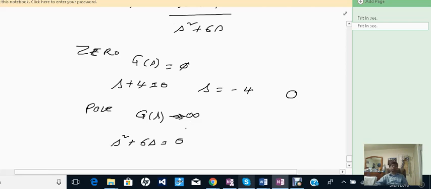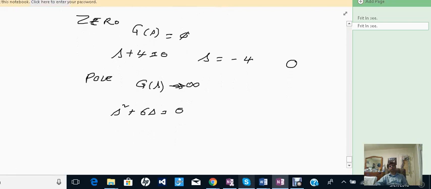So one more time, a pole is nothing but the value of the denominator that makes the transfer function go to infinity, and the only value is anything divided by 0, so s squared plus 6s is equal to 0. Well, we can solve this equation now, right?